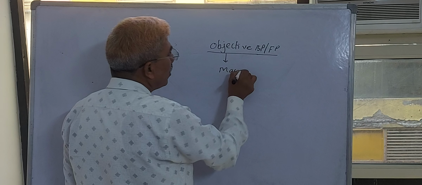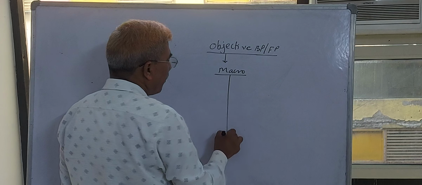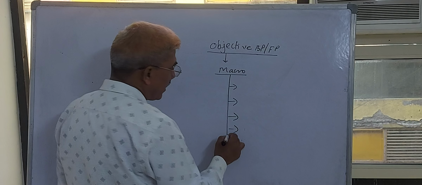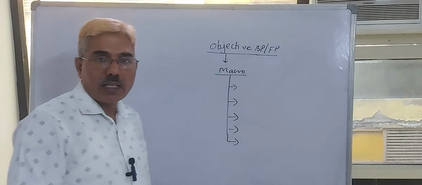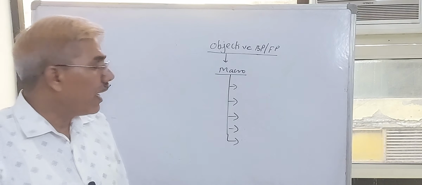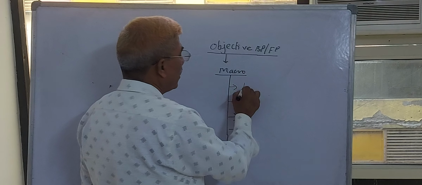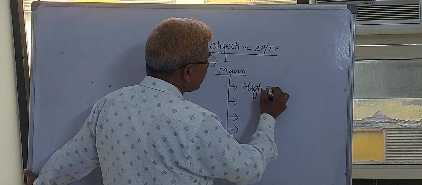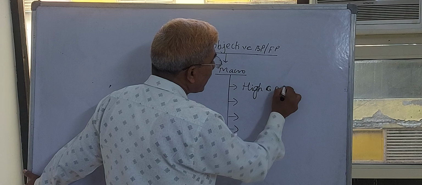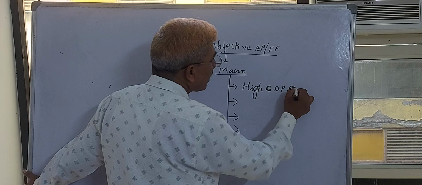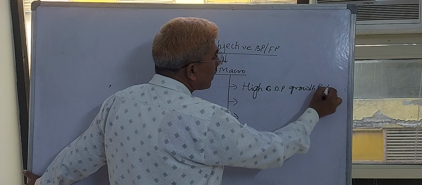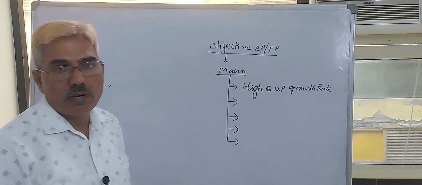In a developing economy like India, we have five main objectives. The first is a high GDP, gross domestic product, growth rate. This is the first target in our economy.